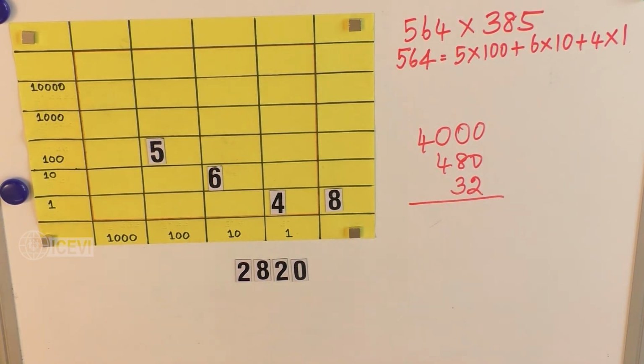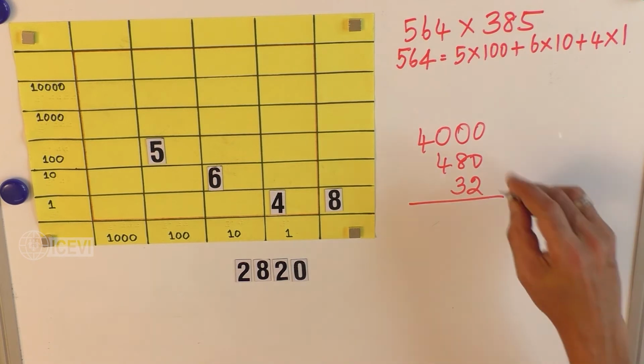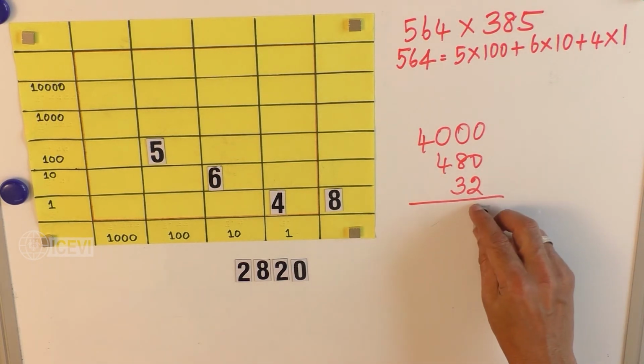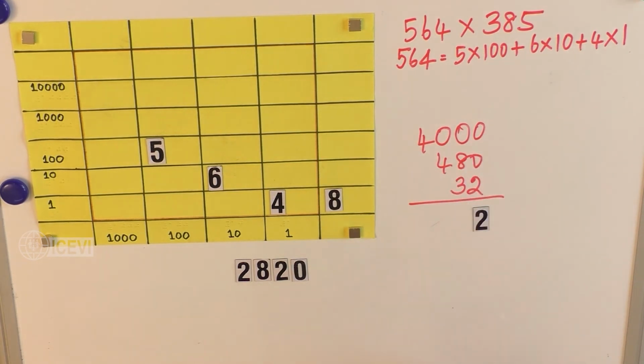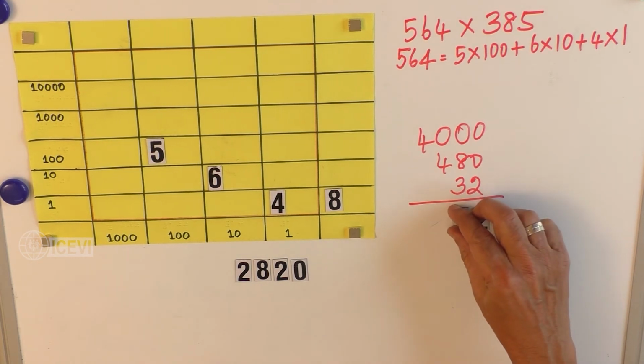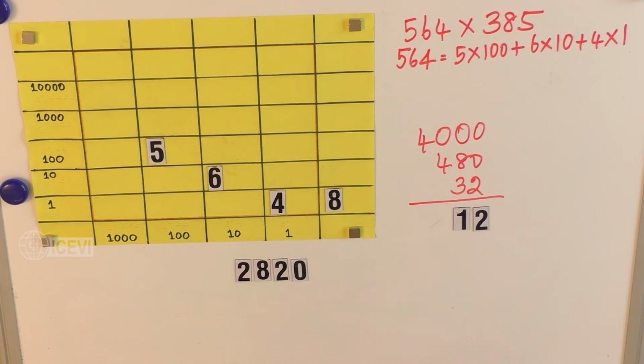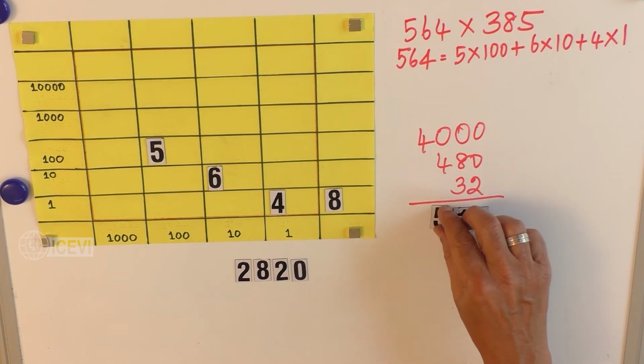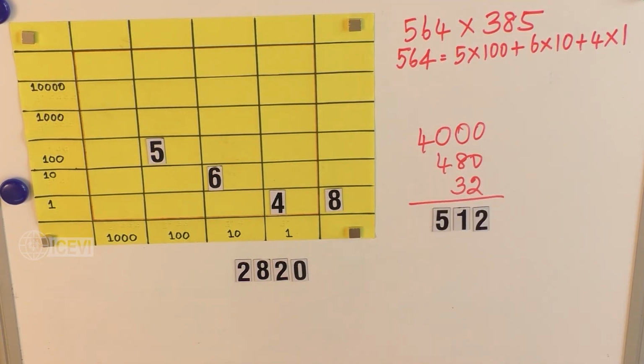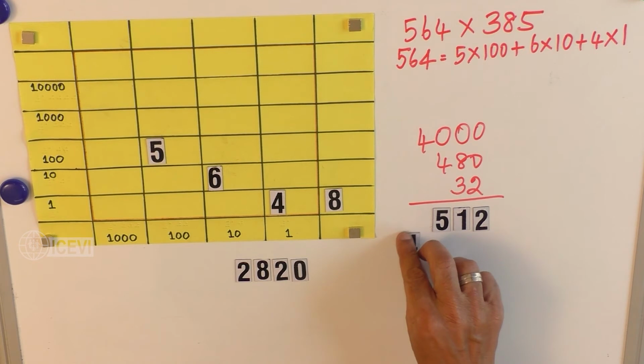So what is the total value? Now 0, 0, 2, that is 2. 0, 8, 3, that is 11, that is 1. And you take 1 to the next 100th column, so 1 plus 4, that is 5. And then in the 1000 column you have 4, so that is 4.